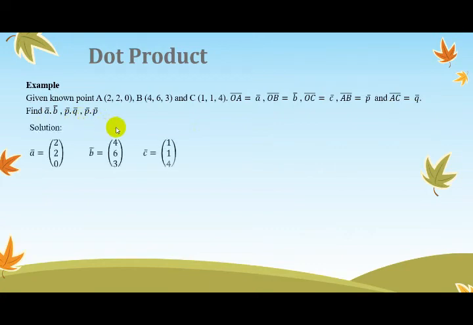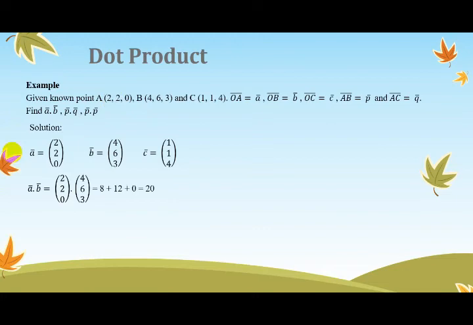Let's see the solution. We can write vector A, vector B, and vector C. Then after we write A, B, and C, we can find the multiplication of vector A and vector B. Vector A is (2, 2, 0), vector B is (4, 6, 3).